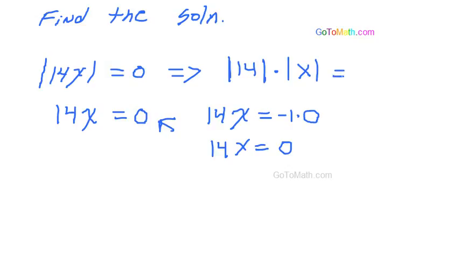The absolute value of 14 is just 14. So we're left with 14 times the absolute value of x. And then, of course, let's look at this here. So we have 14 times the absolute value of x is equal to 0.